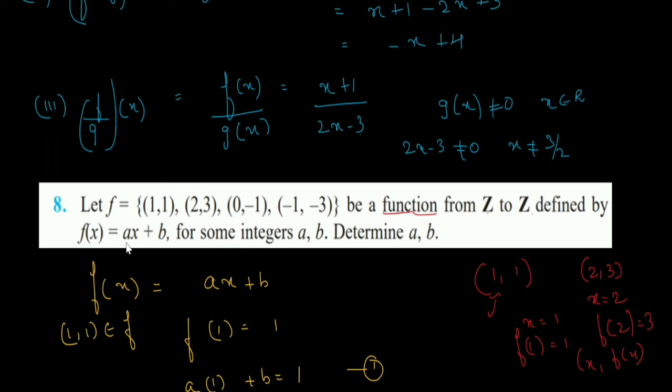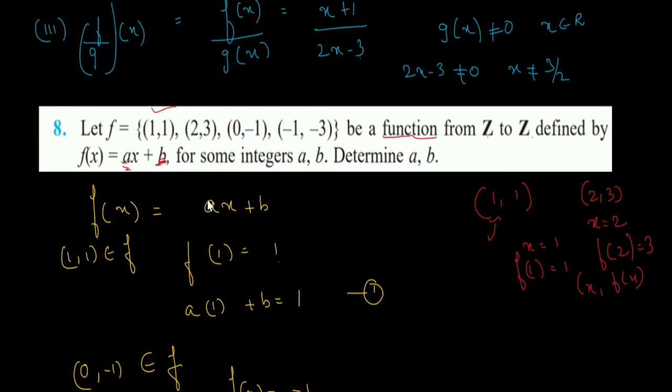We need to find a and b. There are two integers we have to find. So let us take (1, 1) first. That means x is 1, and f of 1 is also equal to 1. The function f of x is ax plus b.